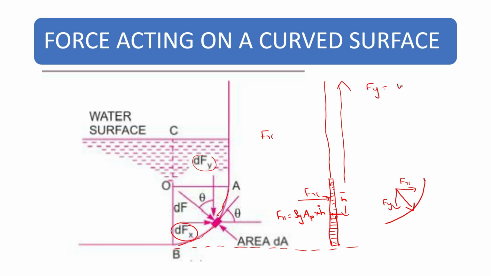Fy is equal to the weight of the liquid column on the top of this curved surface. That is the weight of the liquid column A, B, C. If you call this D, then it is the weight of A, B, C, D. So that means the weight of all the liquid above this curved surface.